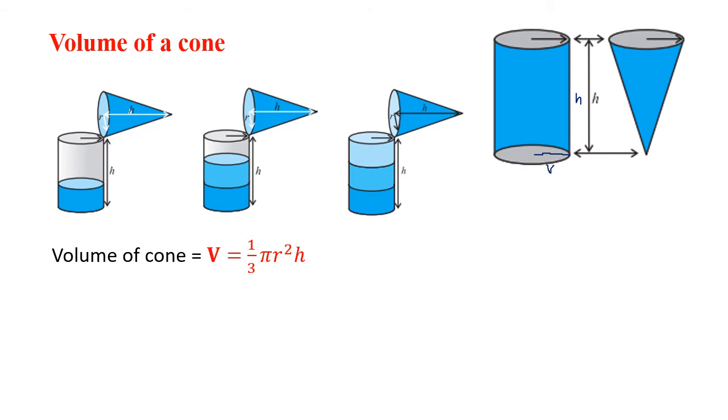You can see the top part is equal in both. The radius r is the same, and the height of the cylinder has become the height of the cone. I have chopped off the remaining part of the wood and made a cone. The height of the cylinder and the height of the cone are the same.